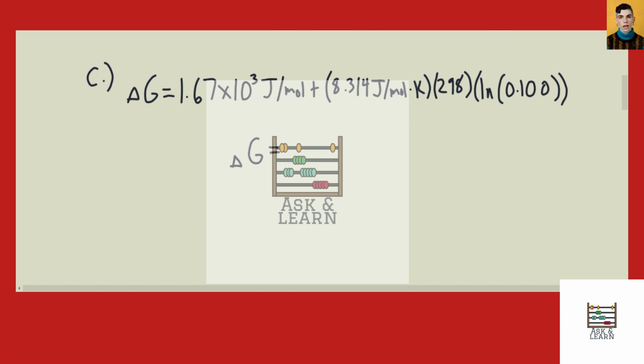We plug those numbers into this equation and get delta G at non-standard conditions in part C equals negative 4.04 times 10 to the third. And again, it has units of joules per mole.